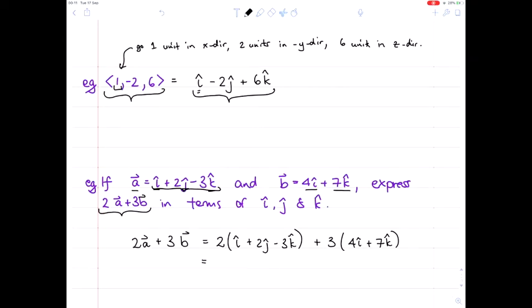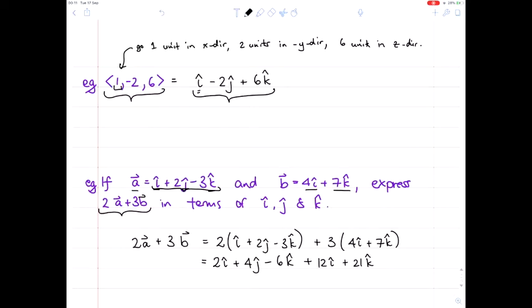And now if we multiply in by this 2, we're going to get 2 units in the x direction, 4 units in the y direction, minus 6 units in the z direction, and we want to add 12 units in the x direction and 21 units in the z direction.